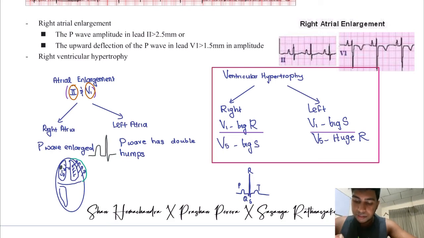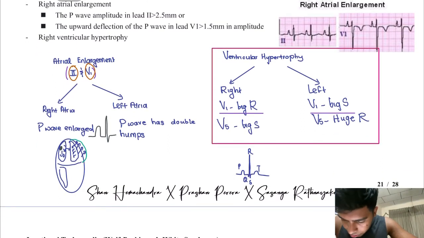I'll explain that. In lead V5, you get a big S wave. So it will look like this.